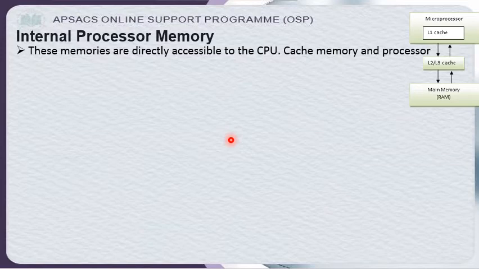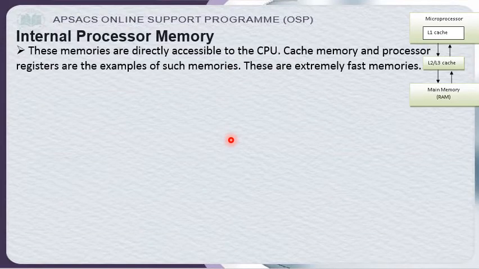Maybe your processor has 4 CPUs, maybe it has 2 CPUs. It depends on the processor type. So cache memory and registers are examples of such memories. So we have two types of internal processor memory: cache memory and processor registers.